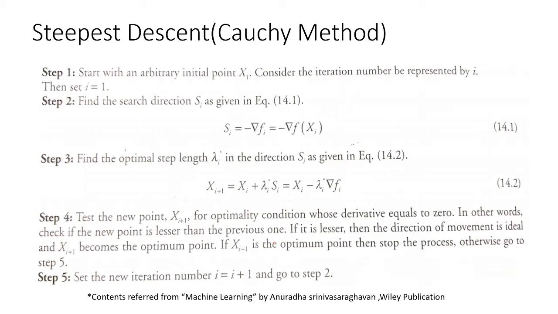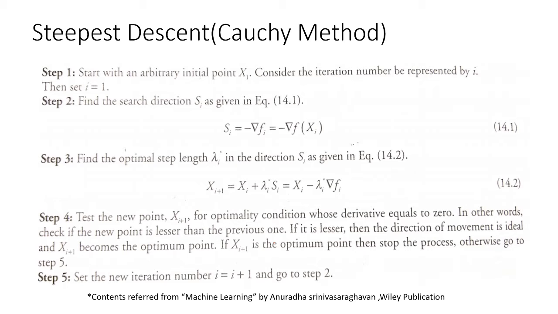We need to repeat many steps to find the optimal solution. We may reach the optimal point at the first step itself, or the step may have to be repeated many times, so that after some steps we find the final optimal solution.